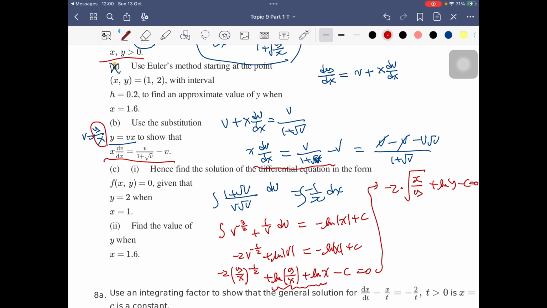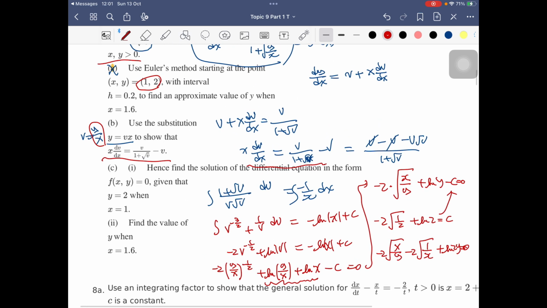But we have the initial condition, which was when x equals 1, y equals 2. So negative 2 square root 1 over 2 plus ln 2 minus c equals 0, which is c. So when we put it here, negative 2 square root of x over y, minus 2 square root of 1 over 2, plus ln 2y should be 0.